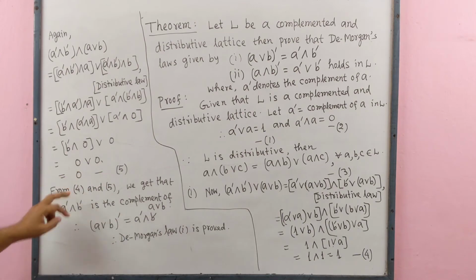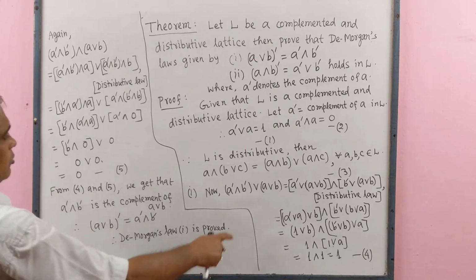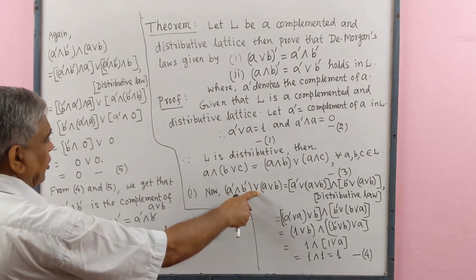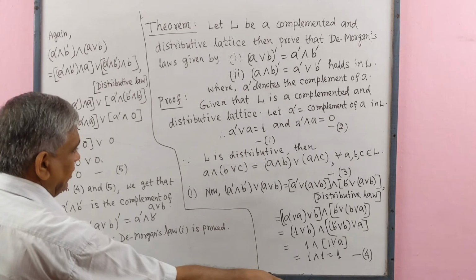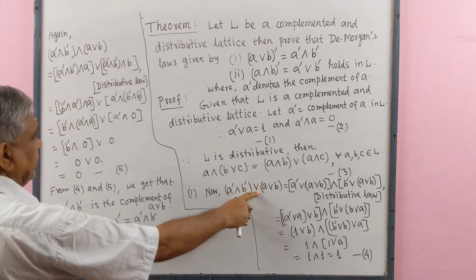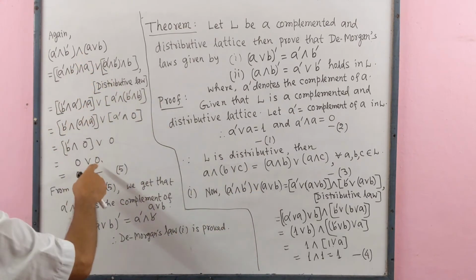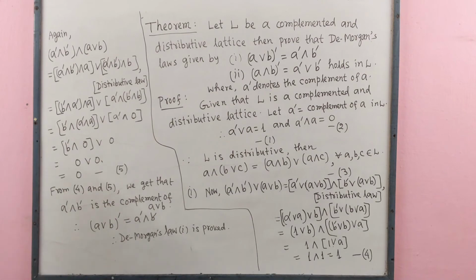So when we take join, we get the result 1. When we take meet, we get result 0.